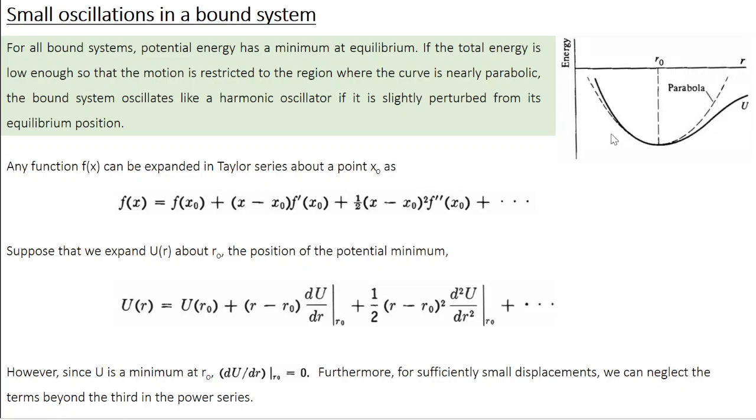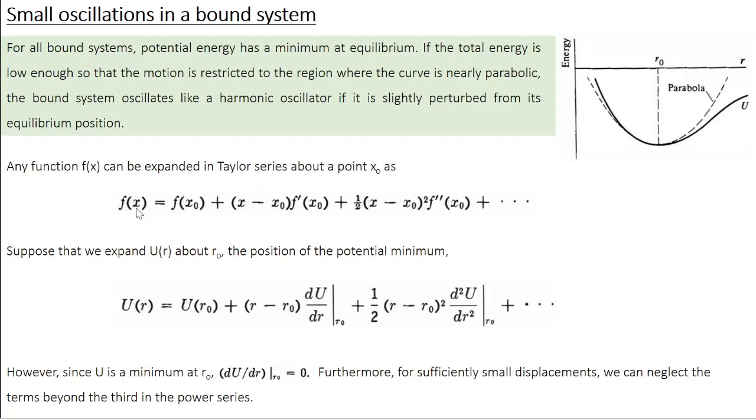Now the question is, mathematically, can we prove this? We can do that using Taylor series expansion. According to Taylor's theorem, any well-behaved function f of x can be expanded into an infinite series known as the Taylor series. We have a given point x, and we don't know the value of the function at this point.